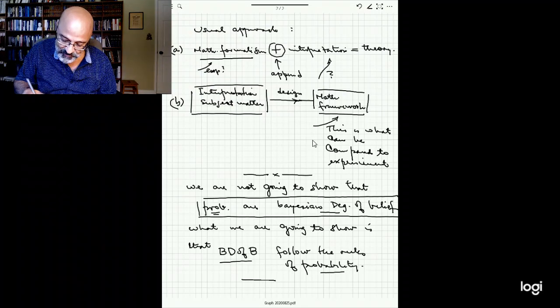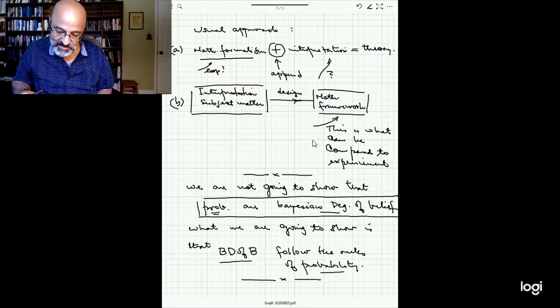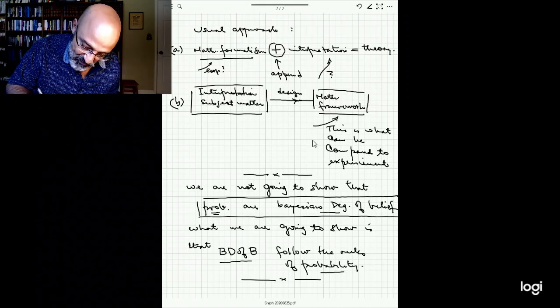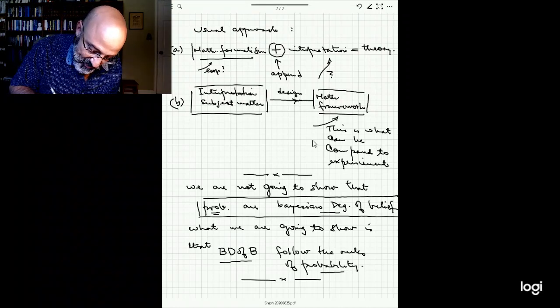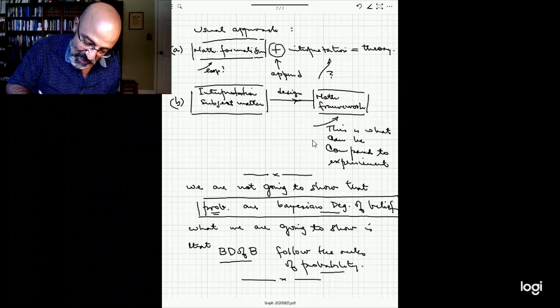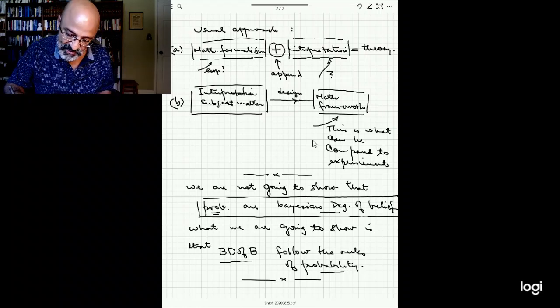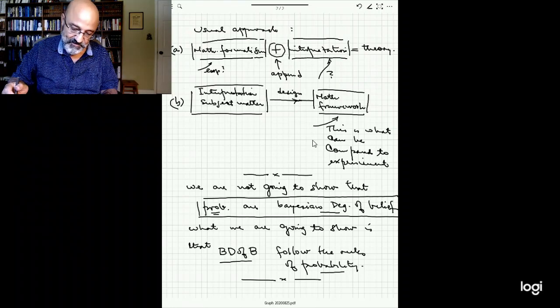Very good. So now I said here that if you start with the rules of probability, you append an interpretation, eventually you end up getting theories and you proceed. But what are those interpretations?